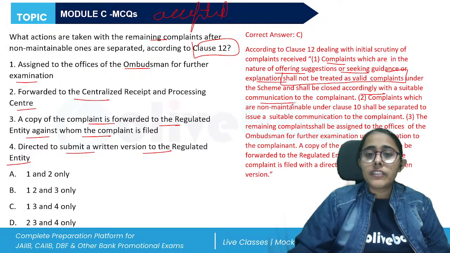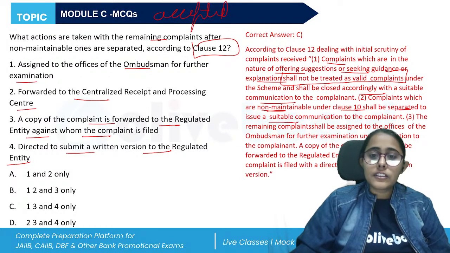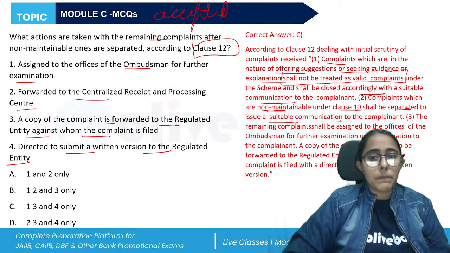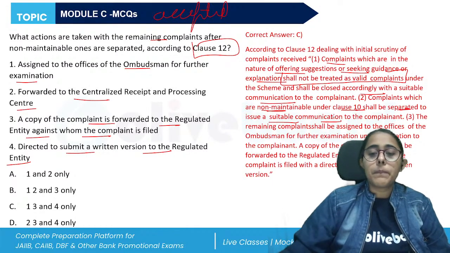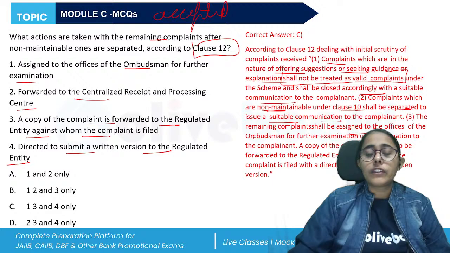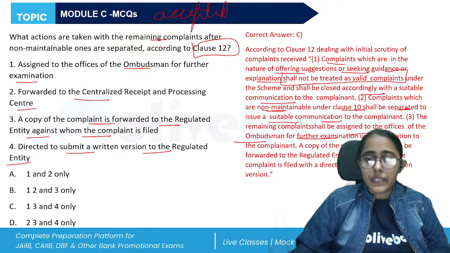Then the complaints which are non-maintainable under clause 10 shall be separated, and again a suitable communication will be provided to the complainant. Then the remaining complaints will be assigned to the offices of the ombudsman for further examination.